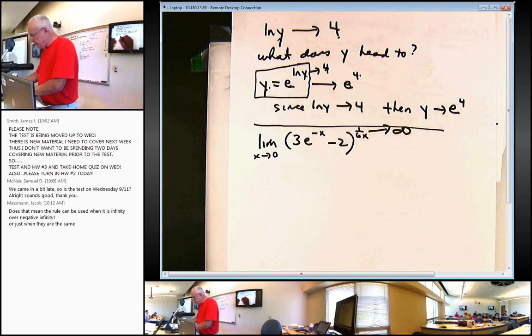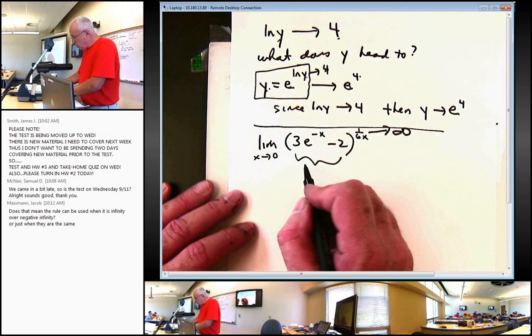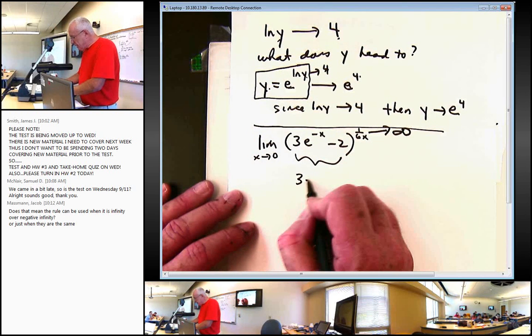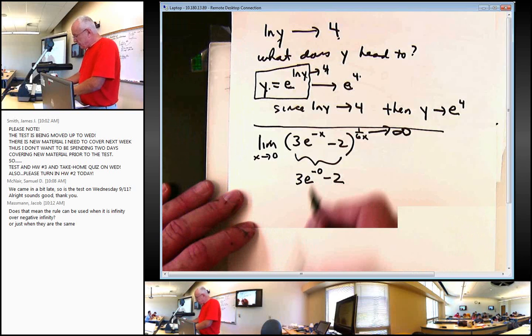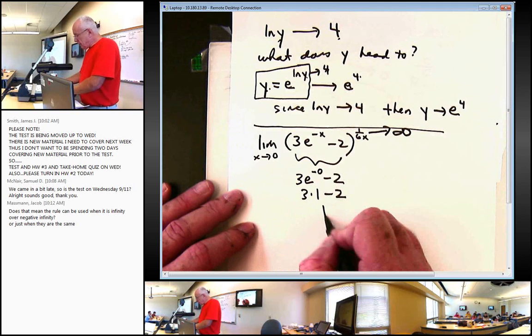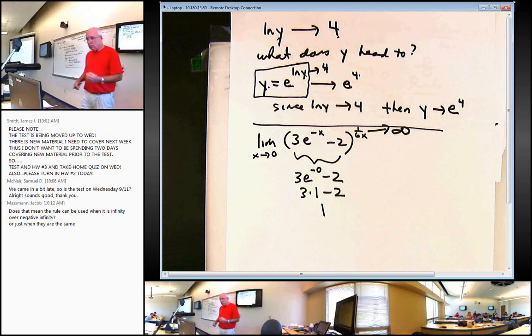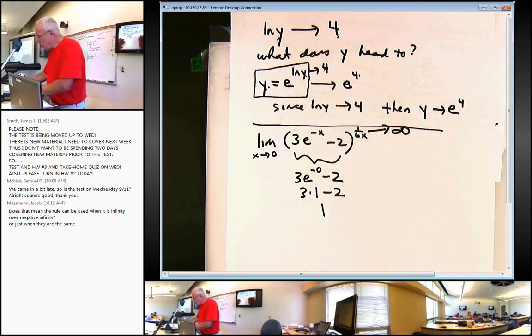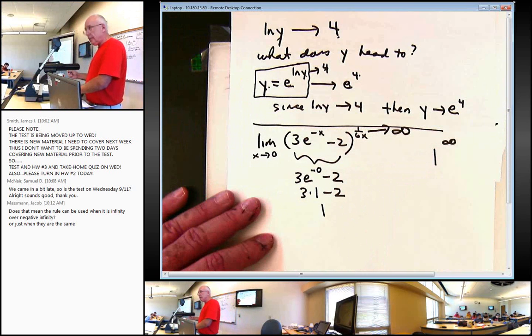Now what happens here? When x goes to 0, we have 3 times e to the minus 0 power minus 2, but this is 3 times 1, take away 2, so that expression approaches 1, 3 minus 2. So what we have here is a 1 to infinity case.